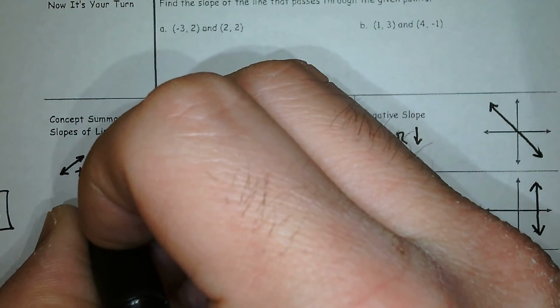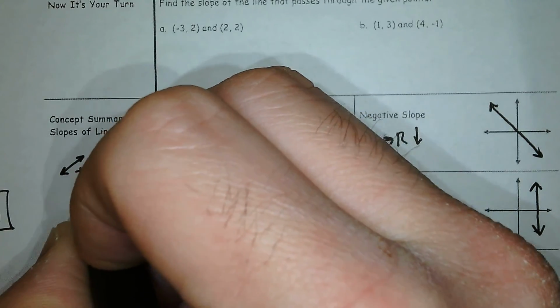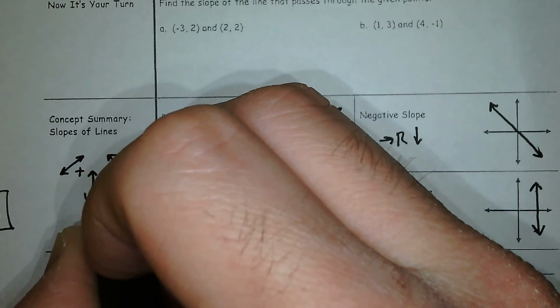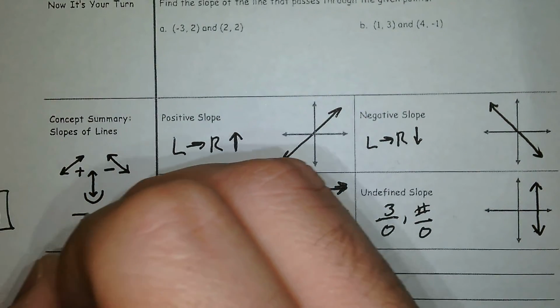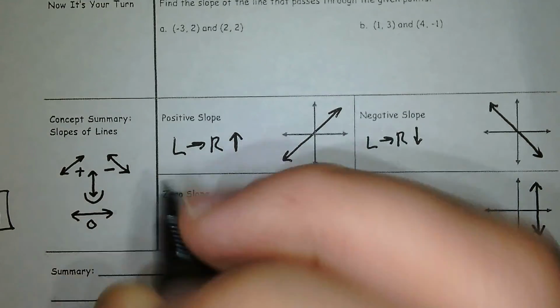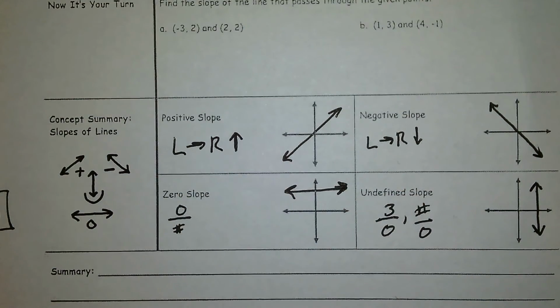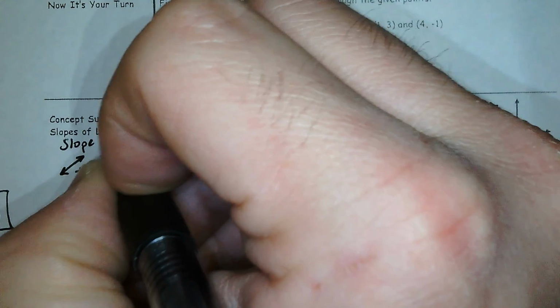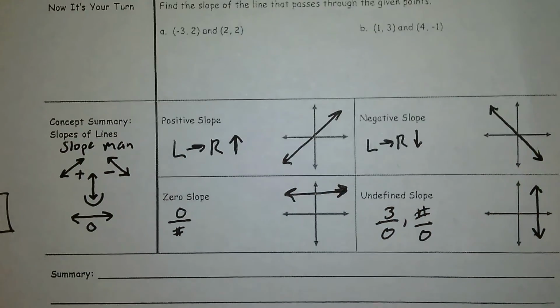If we have a slope going like this, that would be undefined. And a slope going like this would be 0. And if y'all notice, it makes a little face. So what do I call this? Well, I call this slope man, slope guy, whatever you want to call him. I call him slope man.